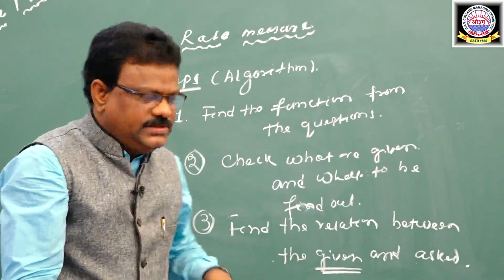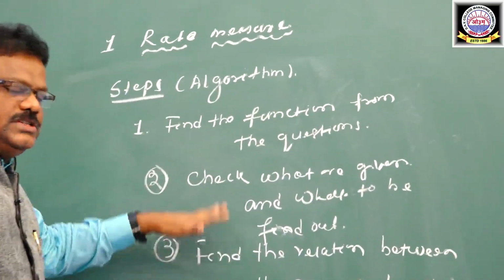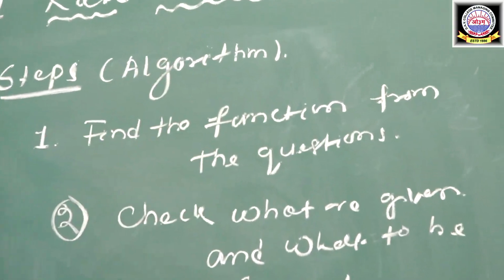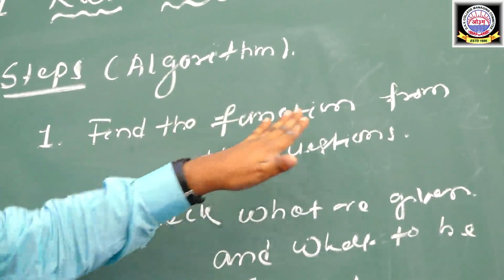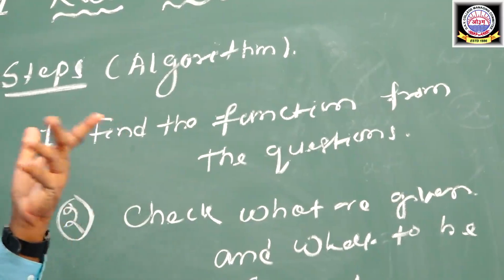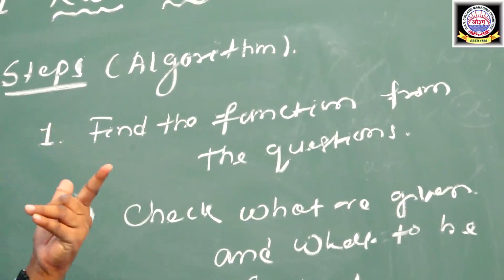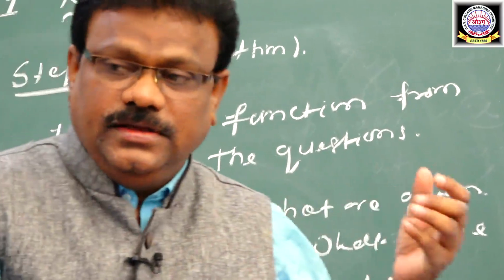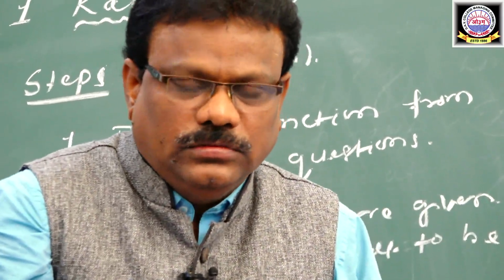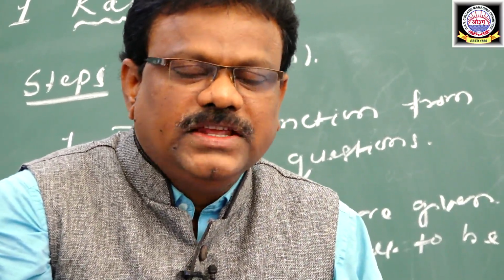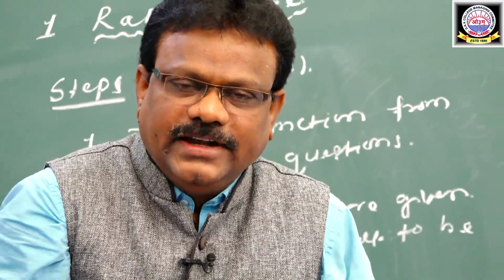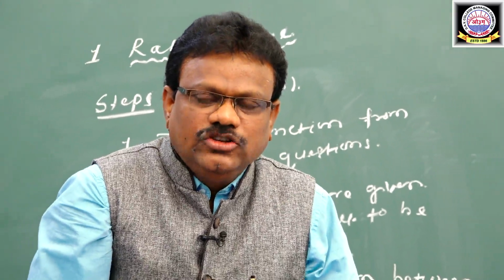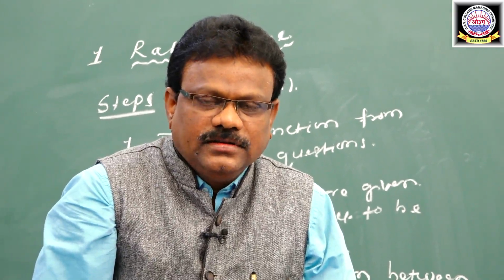So, once again I am telling, please read the question thoroughly. It is a very simple method. Find the function, because the function will not be given there. For example, suppose a round spherical balloon is inflated at the rate of, say, 9 cubic centimeter per second.